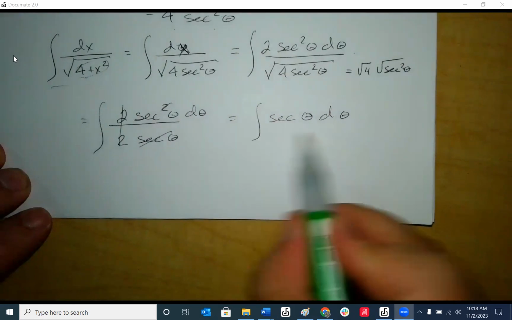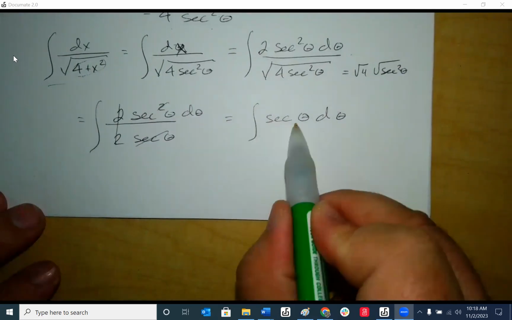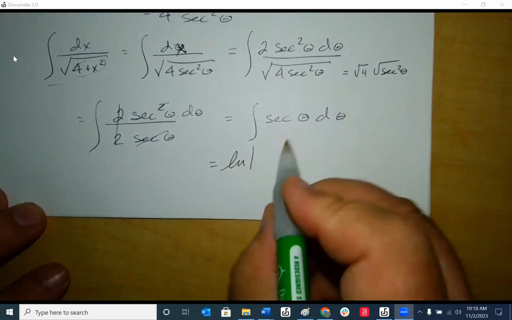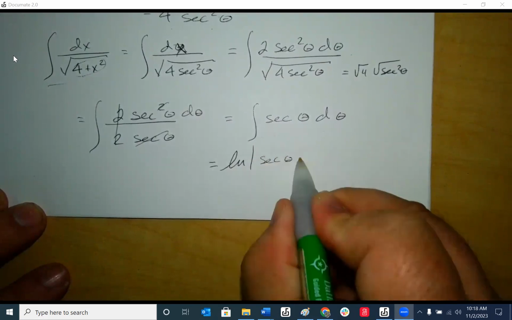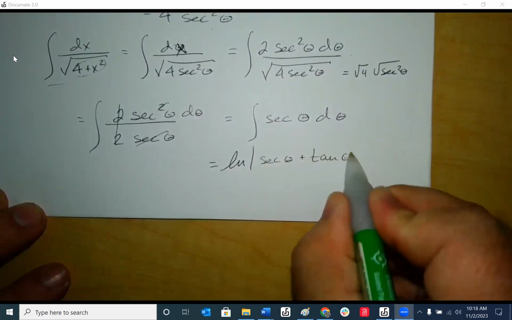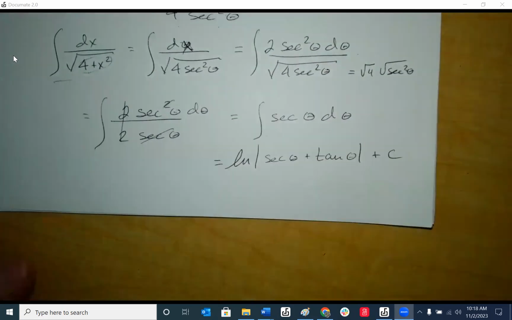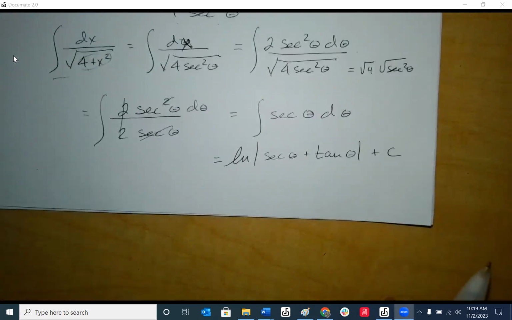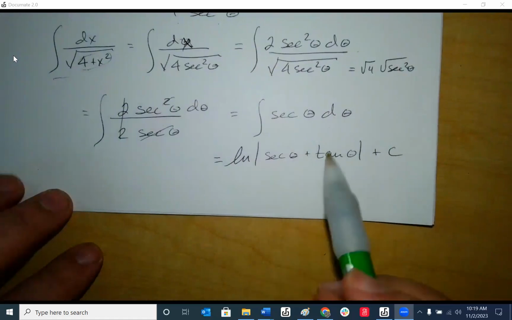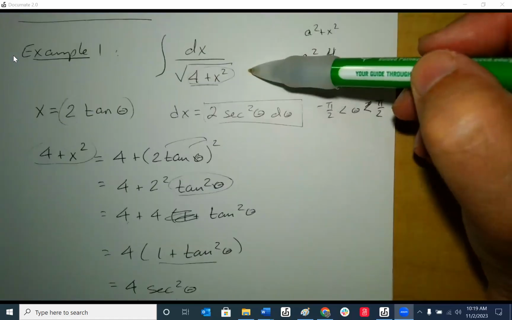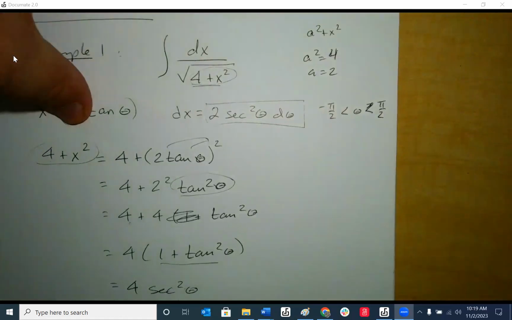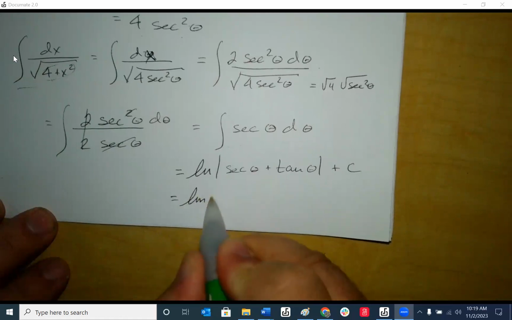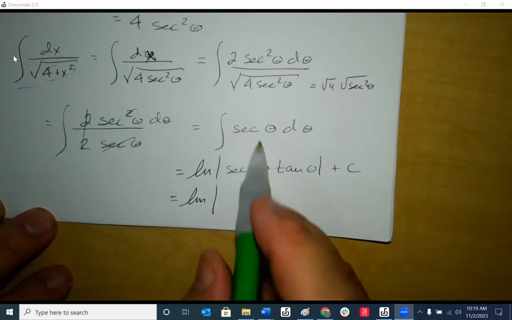So far we're going from here to here. The integral of secant from our cheat sheet is the ln absolute value of secant theta plus tangent theta, plus, since it's an indefinite integral, we have to put a plus c. So since we started off in algebraic terms, we have to go back to algebraic terms.